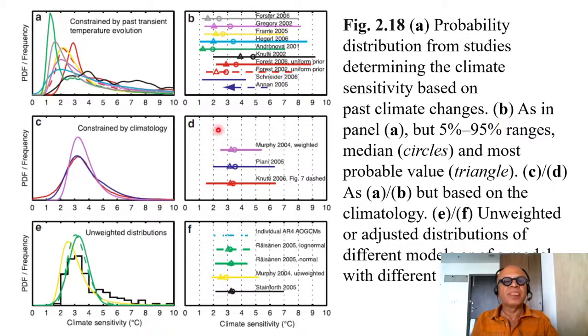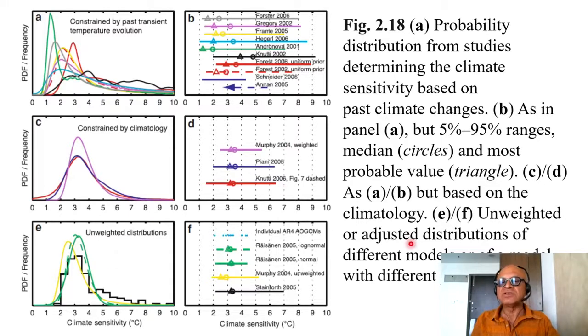So that's A. You can see constrained by past transient temperature evolutions, there are various estimates here, and these are the climate sensitivities, and this is the probability distribution of the frequency of climate sensitivities, and you can see there is a large range in both cases. This is constrained by climatology, so again multiple estimates, large range here.